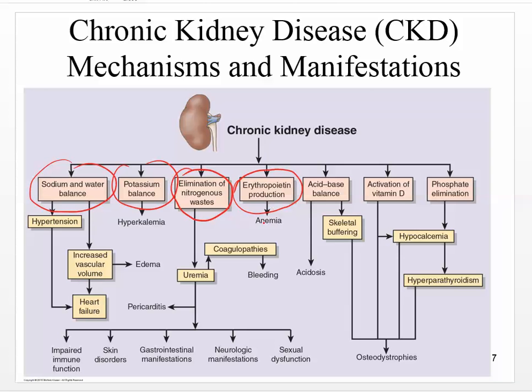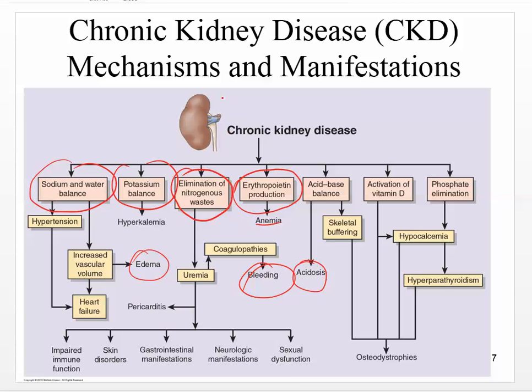That's not going to happen as much, which should lead to anemia. Acid-base balance, so acidosis. Activation of vitamin D, the kidneys are involved in that. Phosphate elimination. So all of these things can cause a whole broad range of issues.